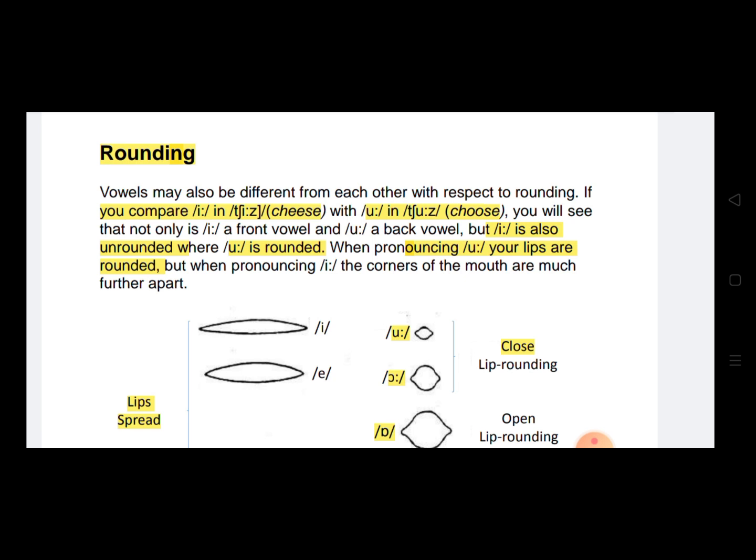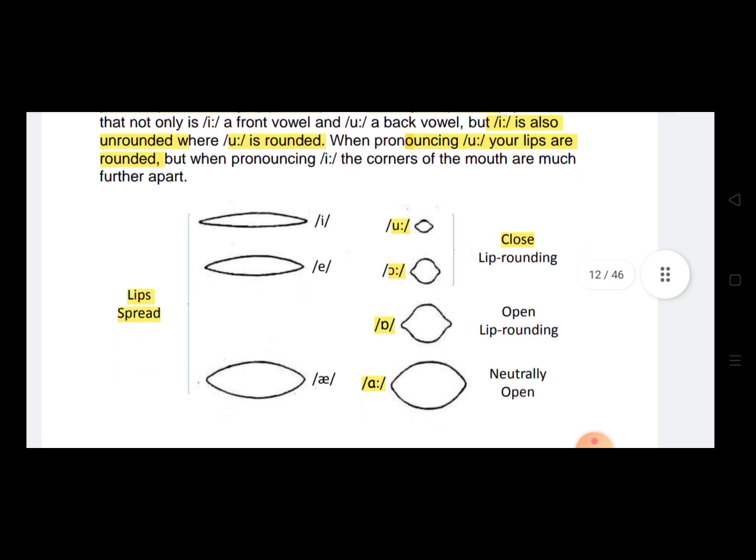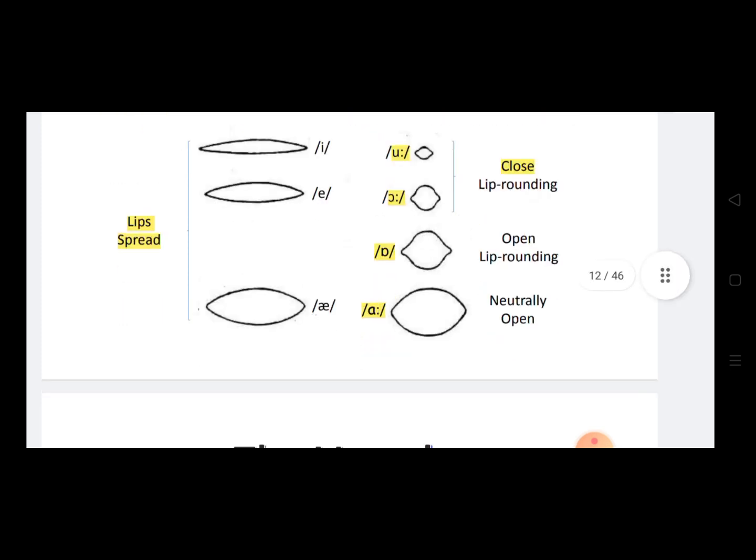When you articulate, just observe your mouth, and we can say that the first is unrounded whereas the second is rounded. Here in this diagram you can see the position of the mouth while articulating those rounded and unrounded vowels.